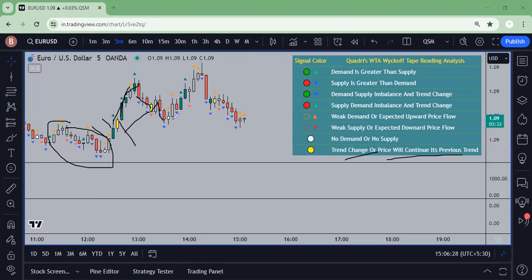Now, for many people, there is a different meaning of trend change. As we are using the tape reading toolkit, when we are reading a tape, it means whatever orders are being executed. Because in the time of Wyckoff, he used to get ticker tapes, whatever orders were executed, he used to get those details, and based on that he did his analysis.